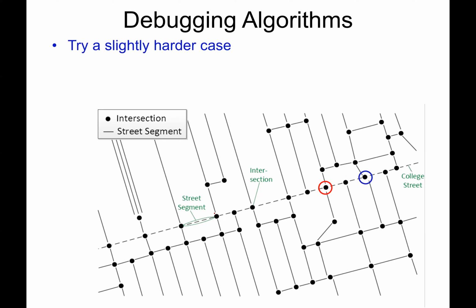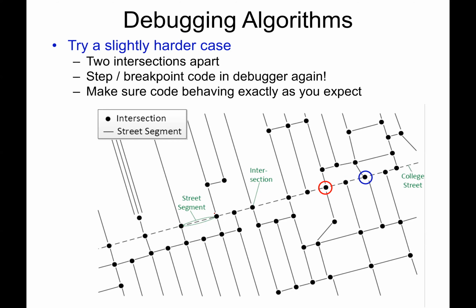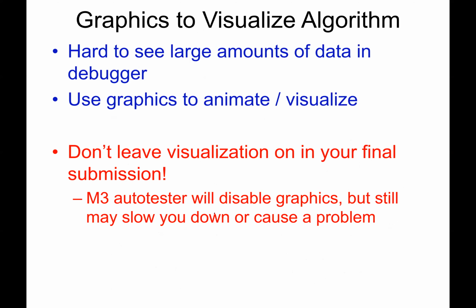So instead of adjacent intersections, I'd be 2 intersections away. That's still small enough that I can watch it in the debugger, and if things go wrong, I can figure it out faster. Once I start going across half a city, there's so many nodes that you're going through that debugging it is much harder. So make sure you debug these simple test cases first, and they are literally called simple in the unit tests. Okay, now eventually though, you get into the bigger test cases.